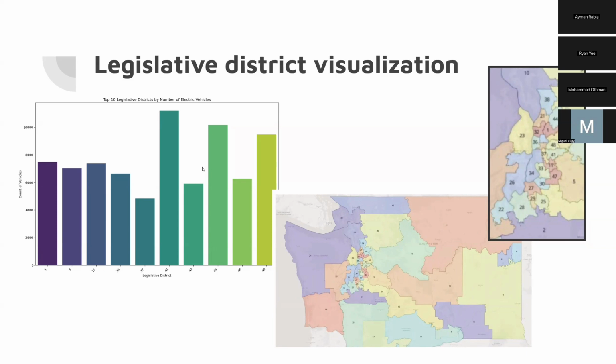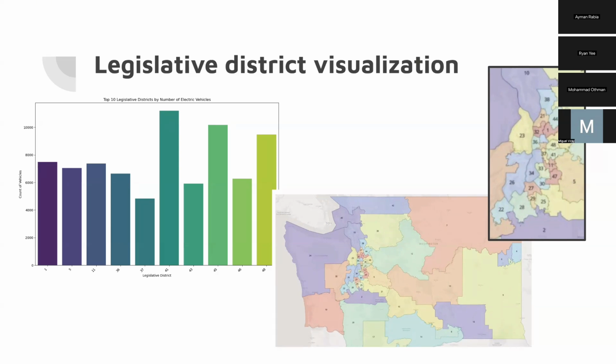And if we look at the district map, we can see that all of those regions, including District 11, District 1, are all pretty much in the same place, which is also where Seattle, Redmond, all those urban cities are located. We were hoping to see a little bit more of a correlation between the legislative districts and the EVs, given that we thought that legislative districts would have more of an influence on just EV adoption and incentives and policies, but we'll find in the next slide that it is more statewide.